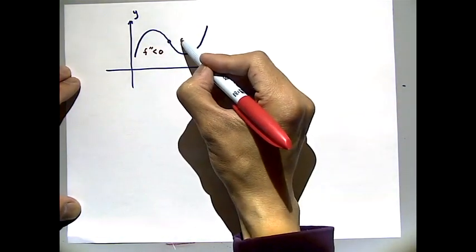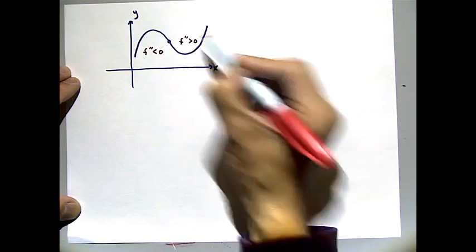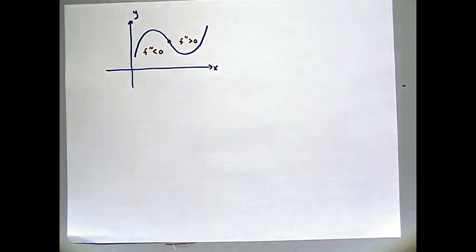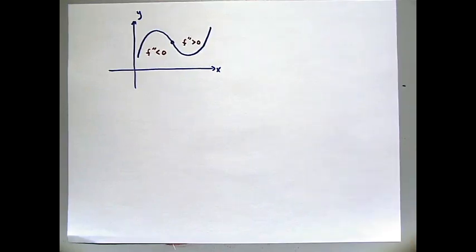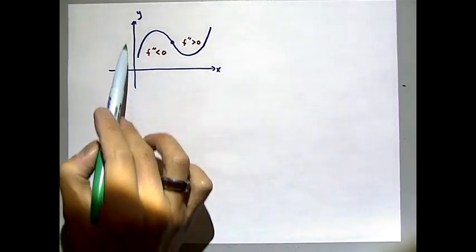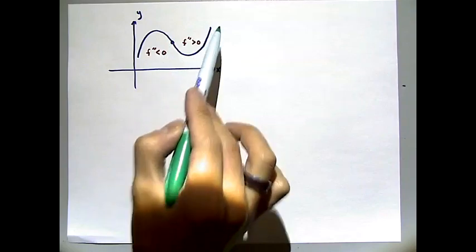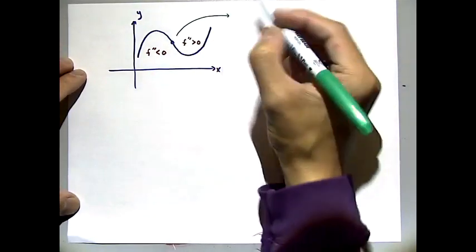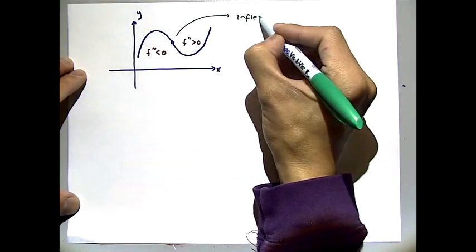And on this portion right here, it's concave upward. It resembles a parabola that opens upward. There is a switch between the two. We went from concave downward to concave upward, and the switch happens at this dot right here. This is called an inflection point.